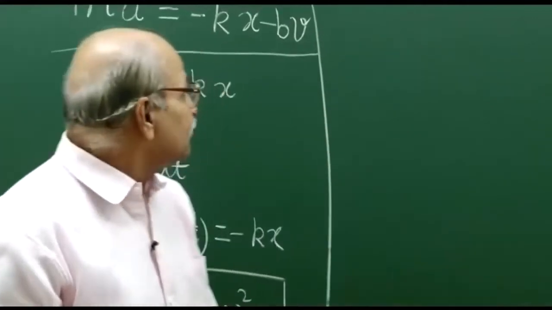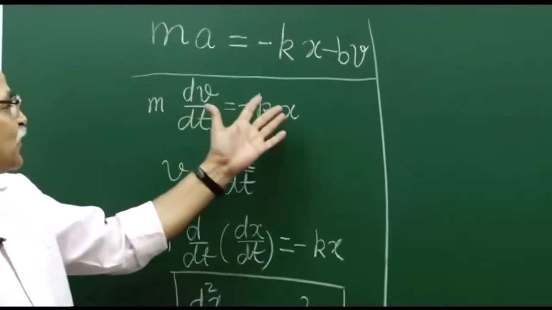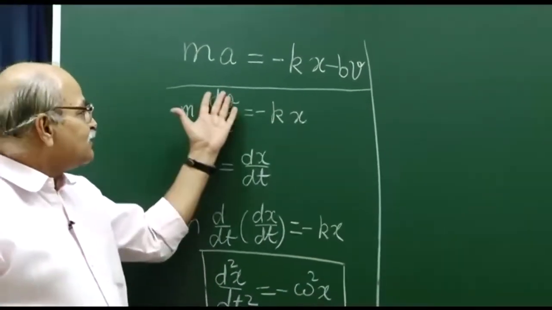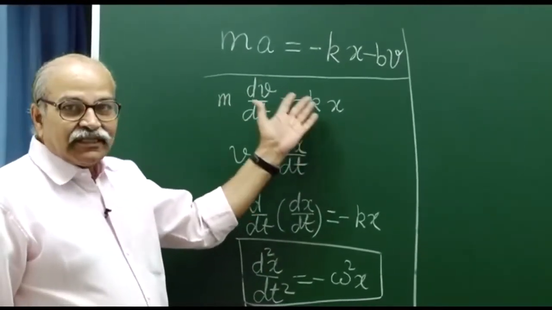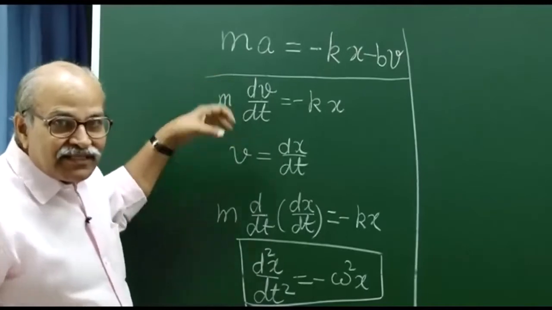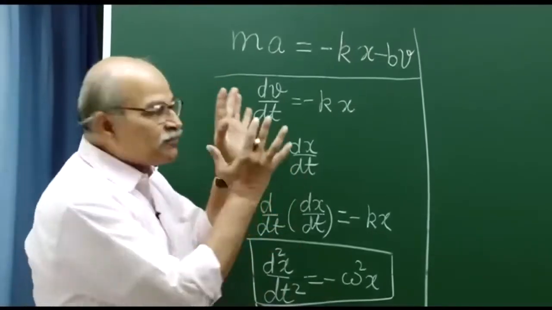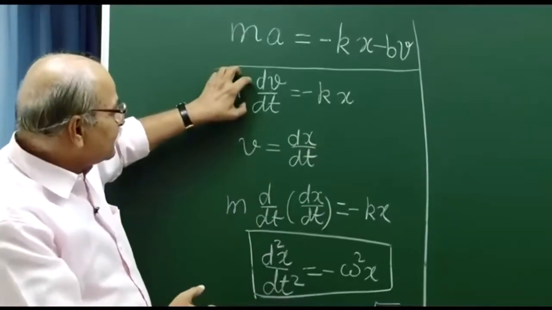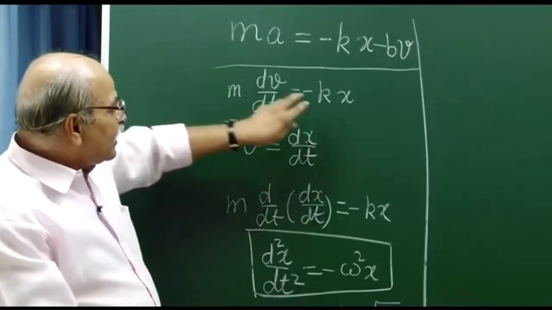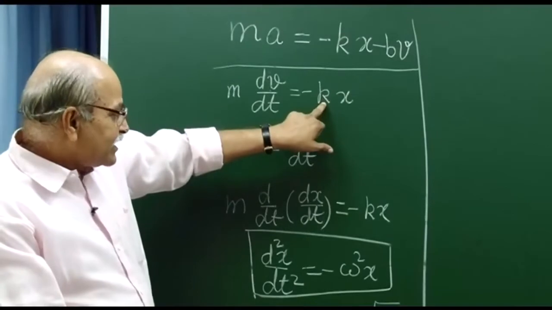The basic equation was mass times acceleration is equal to restoring force. It is not necessarily mass as such. In an oscillating system it could be something else, moment of inertia or some other thing, but something related to the system, and then this is related to the force as I said earlier.